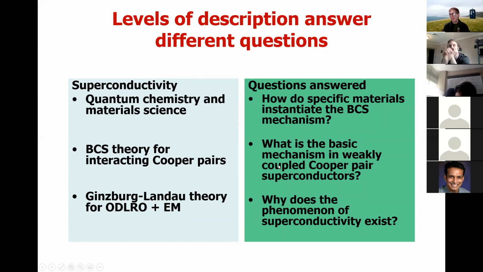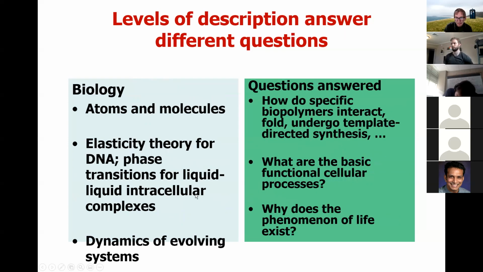It doesn't answer what happens in high temperature superconductors. And the Ginzburg-Landau theory, the off-diagonal long-range order coupled to a gauge field, explains why the phenomenon of superconductivity exists in the first place, and what are all the consequences of the existence of that phenomenon. And that's understood by the high-level description.